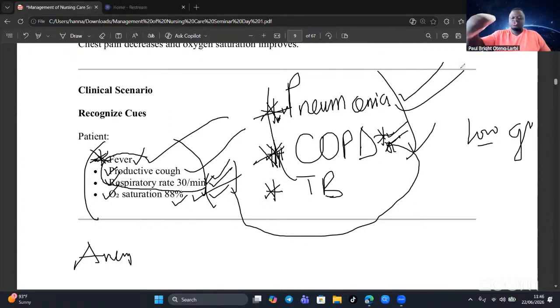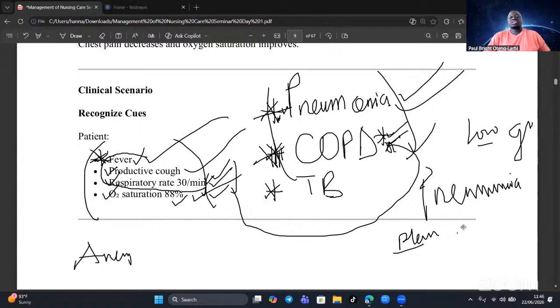You draw a solution to it. Now I have pneumonia. So let me make a plan for pneumonia for this patient. Give oxygen, antibiotics, IV fluids, diet, plenty of things. Do your plan. After the plan, you intervene.